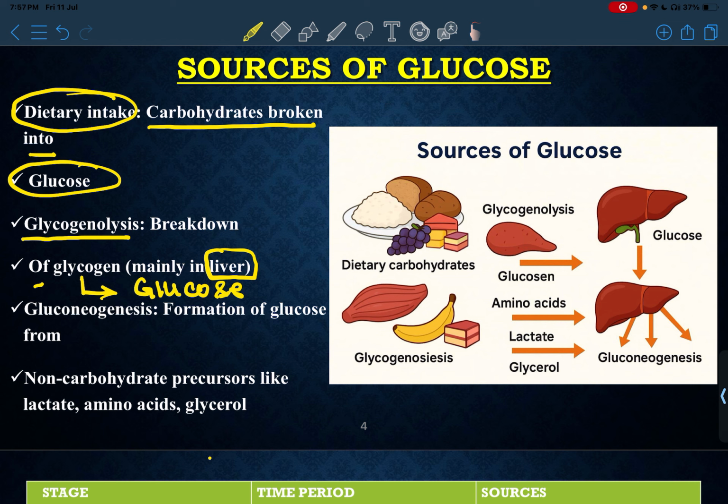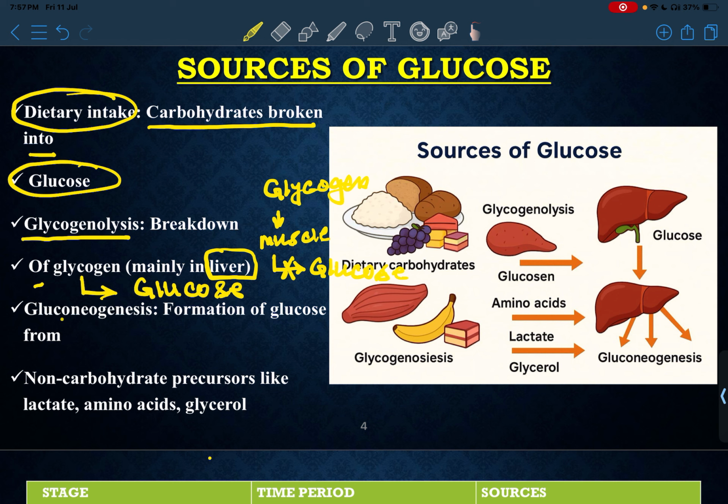See, the glycogen stored in our muscle cannot be converted to glucose directly. Why? Because an enzyme called glucose 6 phosphatase is absent in our muscle. That's why muscle glycogen cannot be converted to glucose, and in glycogenolysis the glycogen stored in the liver is converted to glucose and used as the source of energy in case of deficiency of glucose.